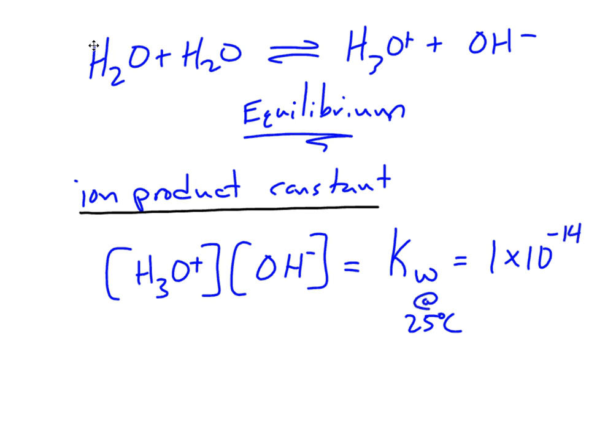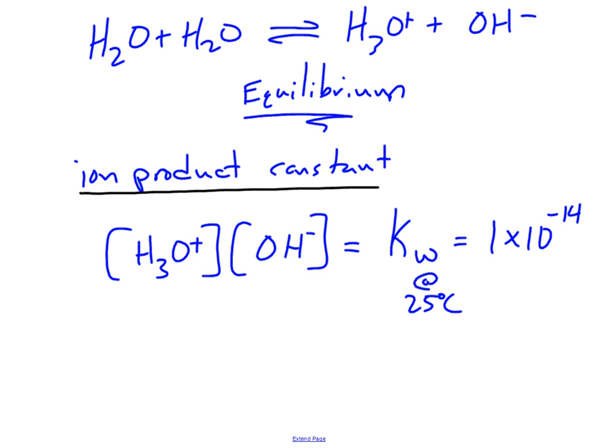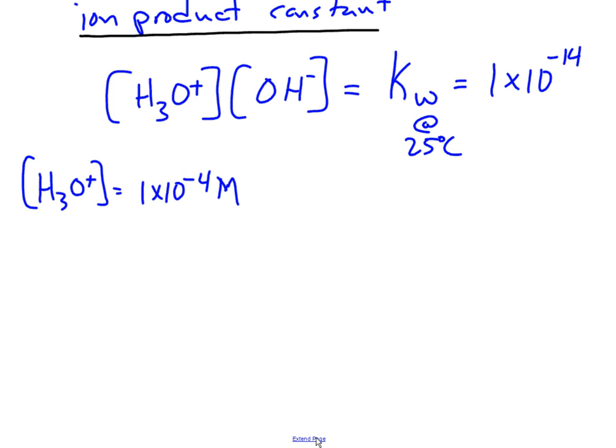So for instance, if I knew that my hydronium concentration was equal to, let's say, 1 times 10 to the minus 4th molar, and I wanted to find out the concentration of the OH minus, I could rearrange my equation. The concentration of the hydroxide ion would be equal to my Kw divided by the concentration of the hydronium ion.